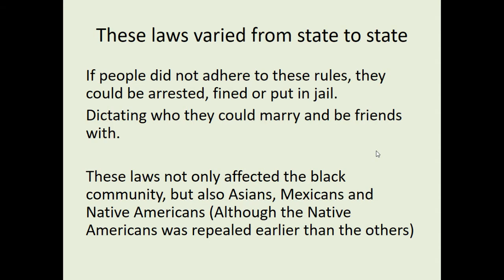This happened in the 1920s and 30s, but Asians, the Black community, and the large Mexican community would have had those segregations put in place well into the 1960s.